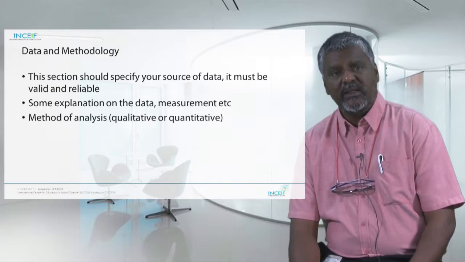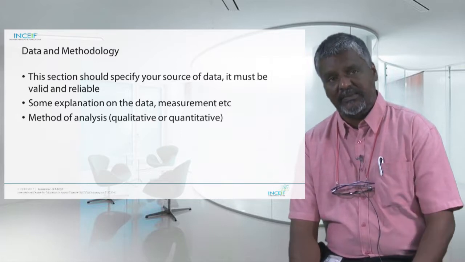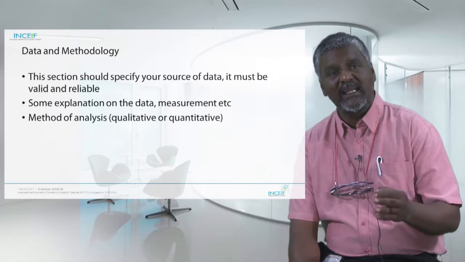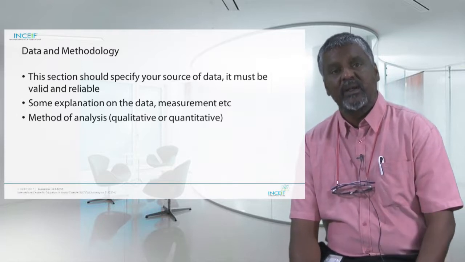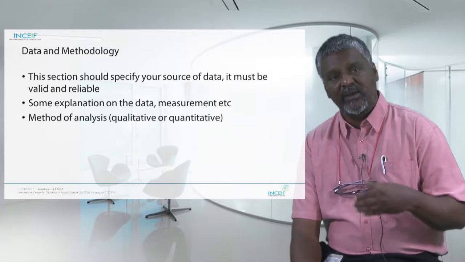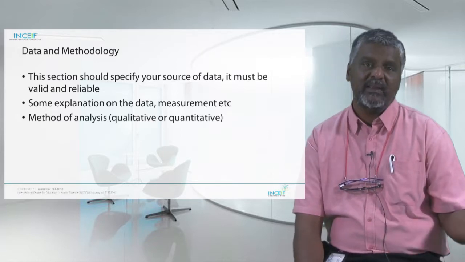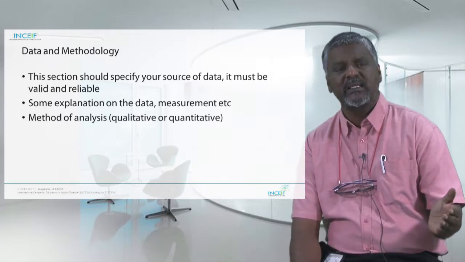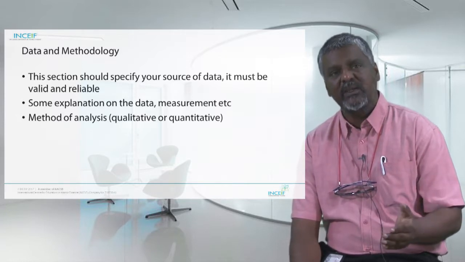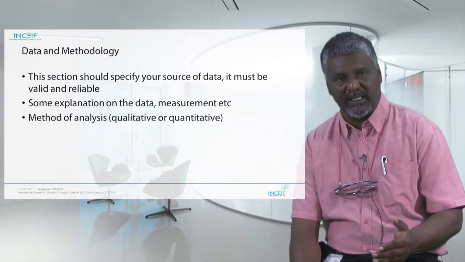It should also include some explanation of the data. What kind of data, what it is called, what are the measurements, the method of analysis that you're going to adopt. Is it a qualitative method? Is it a quantitative method? Who is the originator? Why is it being used? Why is it suitable in your case?